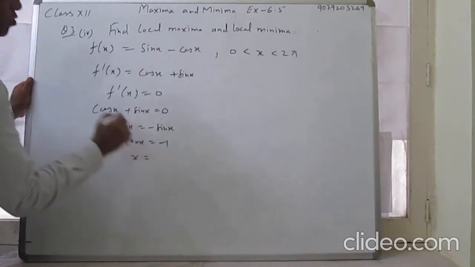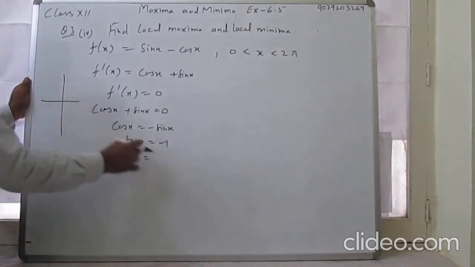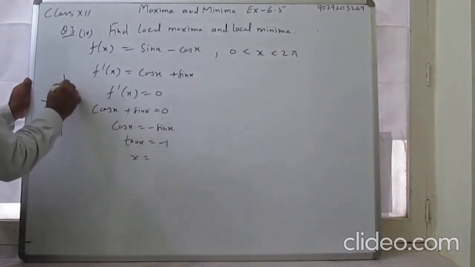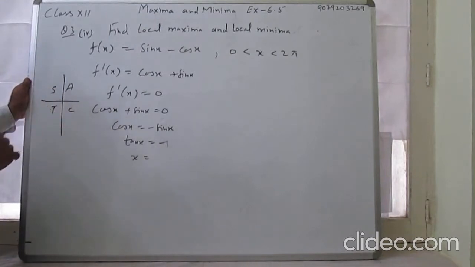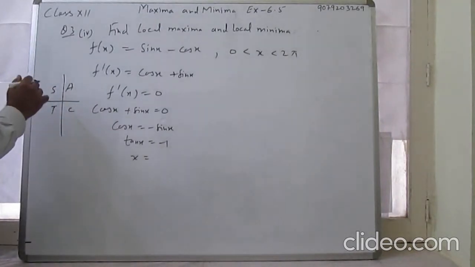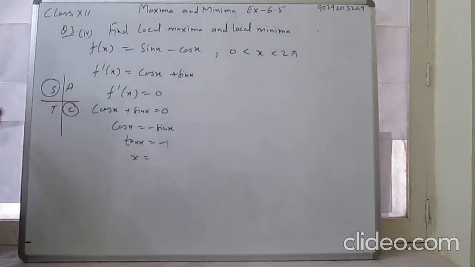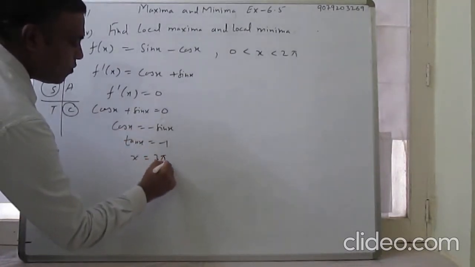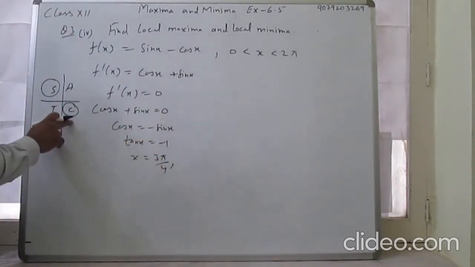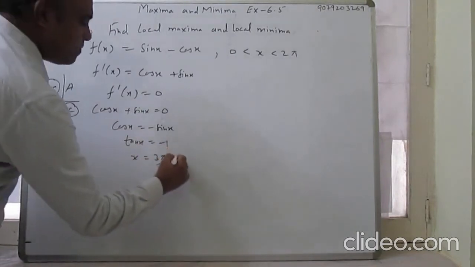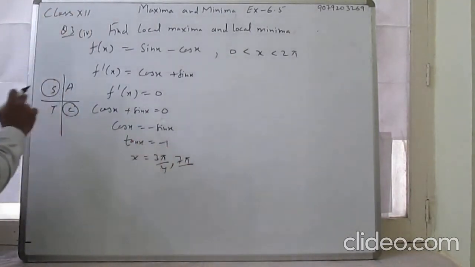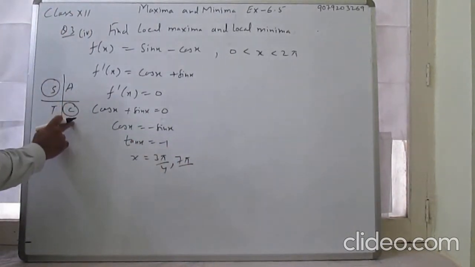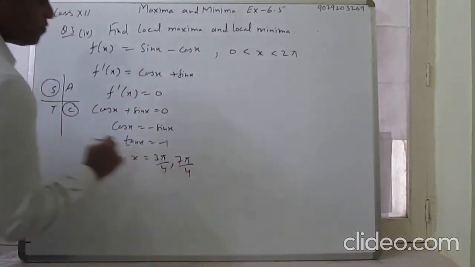In the first quadrant x would be pi by 4. Now in the second quadrant and in the fourth quadrant tan is negative. So x is equal to 3 pi by 4 and in the fourth quadrant it is 2 pi minus pi by 4, that is 7 pi by 4.